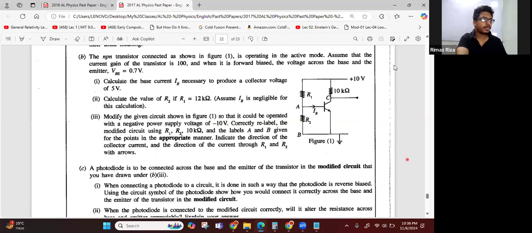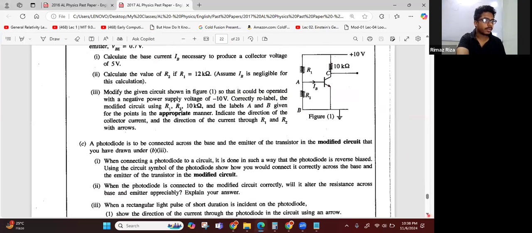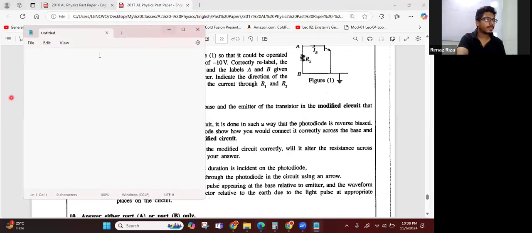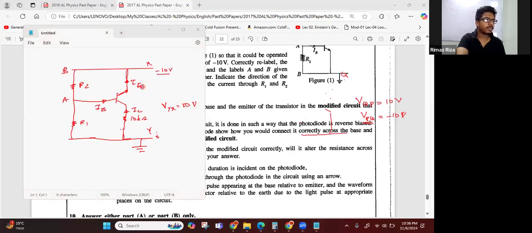And the C part: a photodiode is to be connected across the base and the emitter of the transistor in the modified circuit that you have drawn under B2.